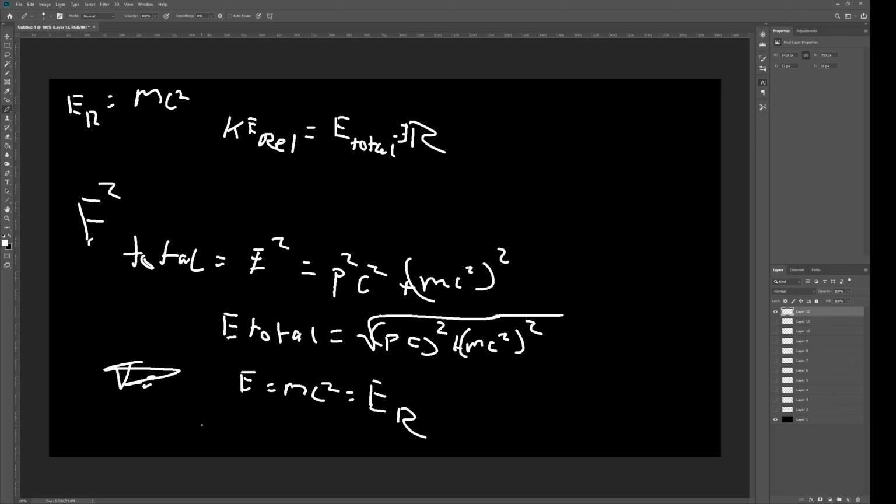If we have a photon, then things change, because we assume that m is equal to 0. Then E squared is equal to (pc) squared, and so E is equal to pc, which is h over lambda times c, equal to hc over lambda. Nice!